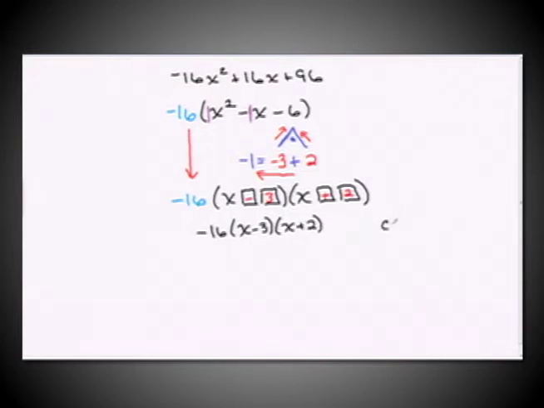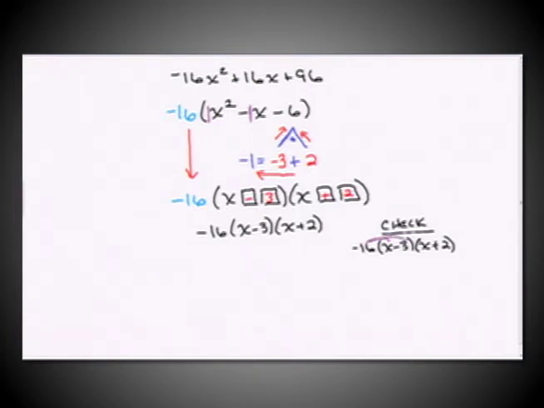And we need to check this with multiplication. In the last video segment, we talked about how to properly multiply three factors together. So the first thing we'll do is distribute this negative 16 into the first set of parentheses.